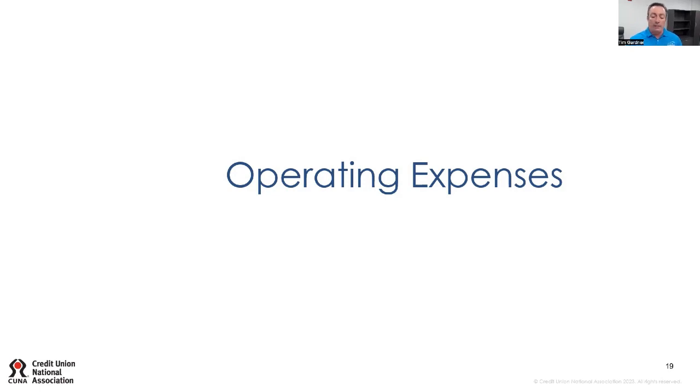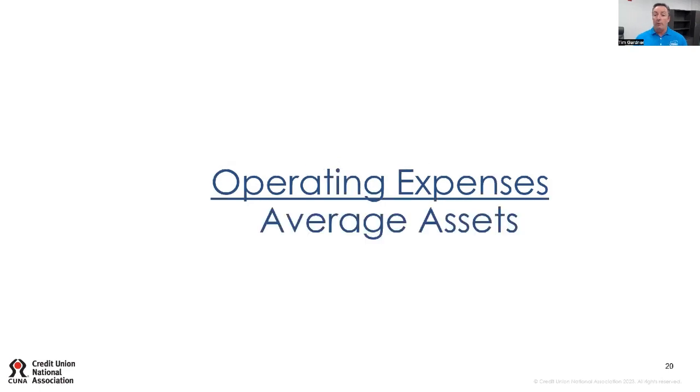So as credit unions become larger, they can achieve what is referred to as economies of scale. So when we look at this particular ratio, because the word expenses is in the numerator, does that mean we want the ratio to go up or go down? Yeah, we want the ratio to go down, right? And so operating expenses, the biggest piece of operating expenses for every credit union is compensation and benefits, people.